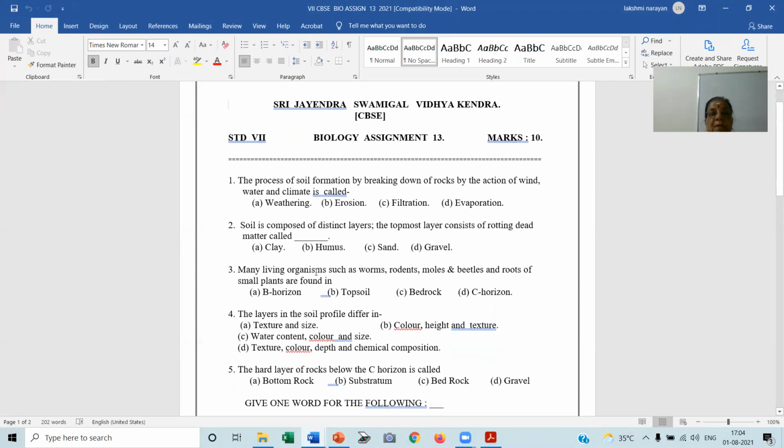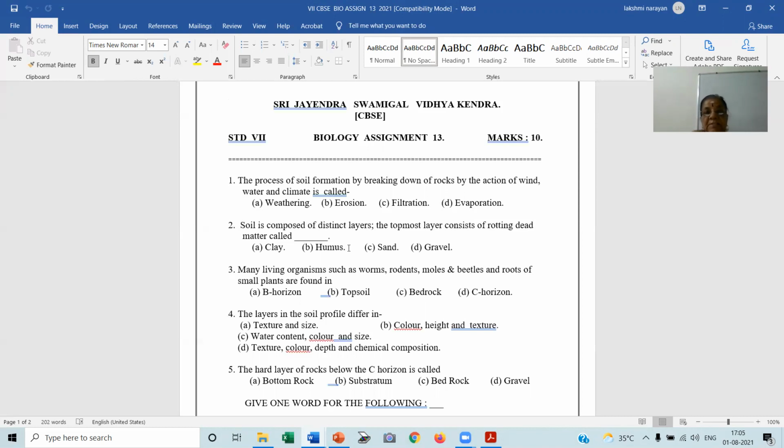It should not be clay, sand, or gravel, which are layers of soil and types of soil. So here it should be humus. Are you clear? The topmost layer consists of rotting dead matter called humus. I hope you understand.